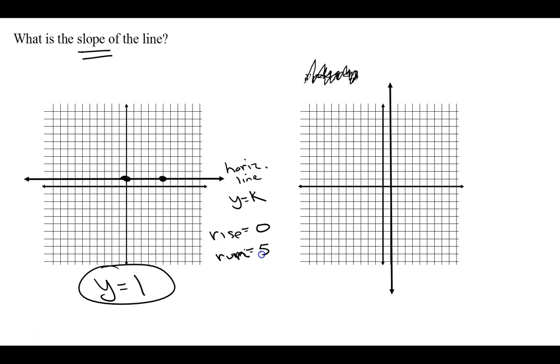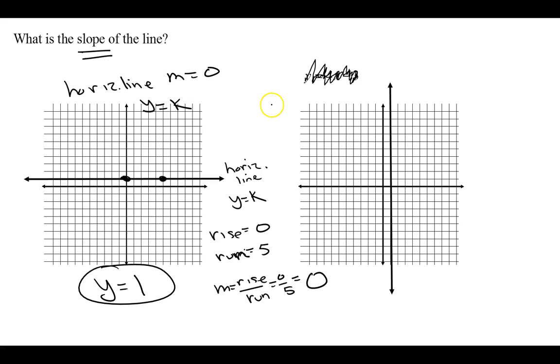So when you do the slope as rise over run, you get 0 over 5, and 0 divided by any constant is going to be 0. So a horizontal line will have slope of 0 and have equation y equals some constant.